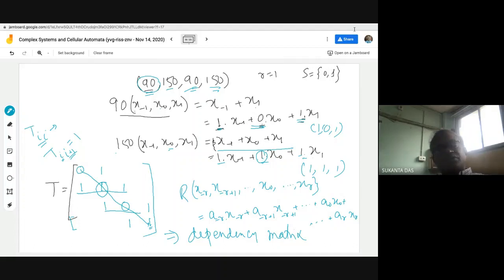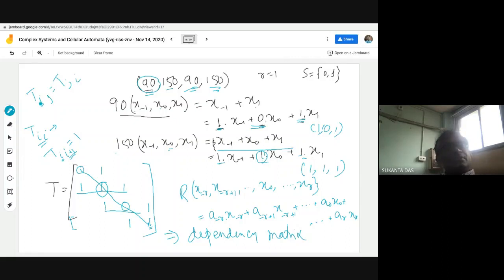You can see one interesting property also here. This matrix is symmetric. Say T i j, if cell I depends on J, T i j is equal to T j i.